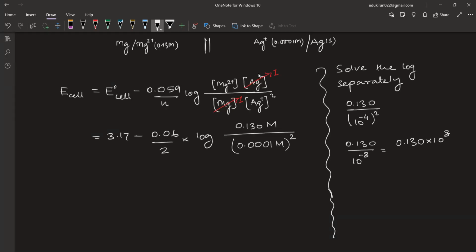Now you can write this as 0.130. Actually, you can write this as 13 into 10 to the power 6.